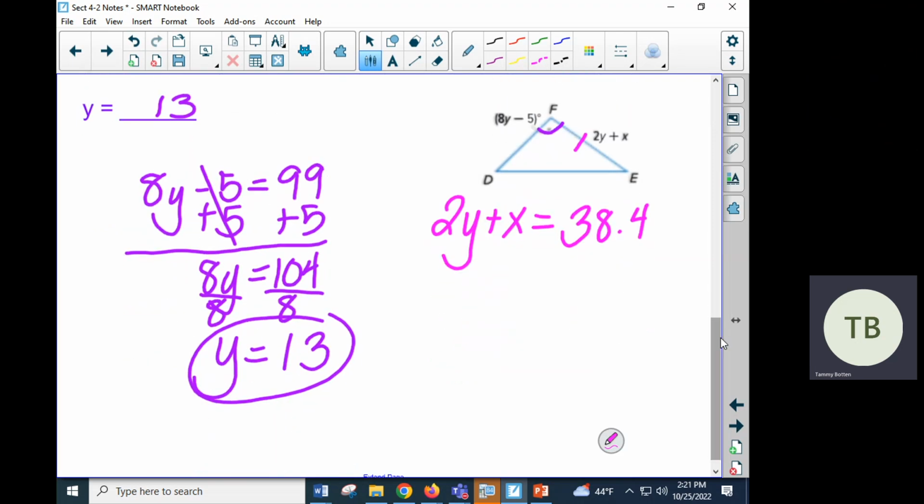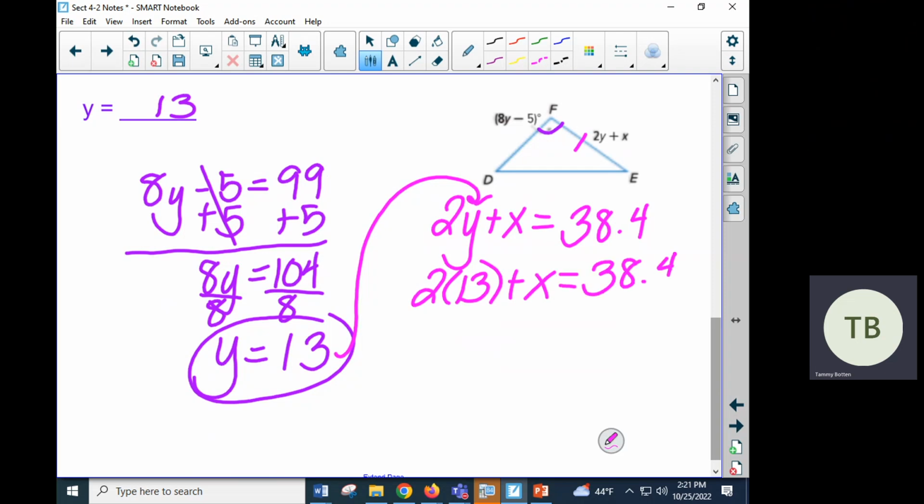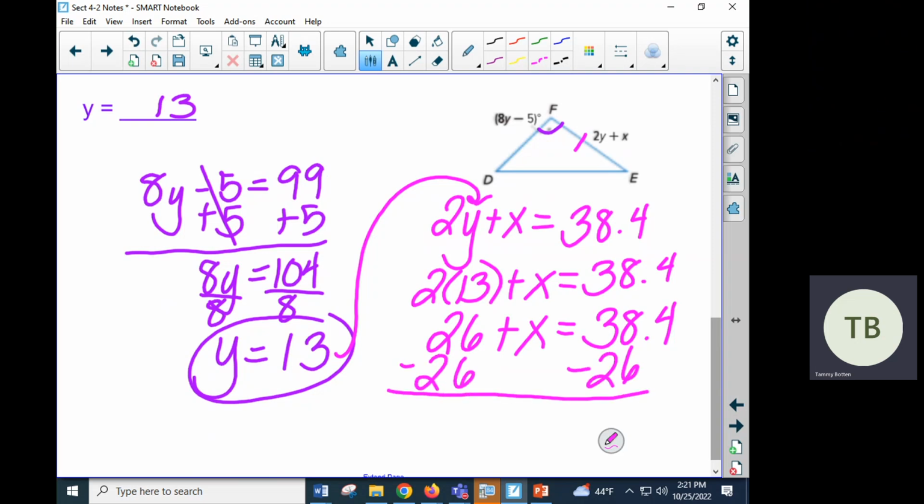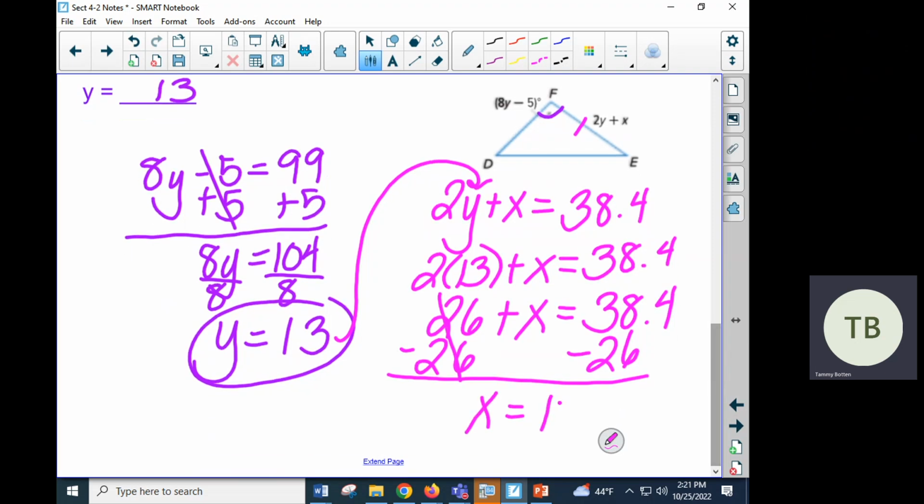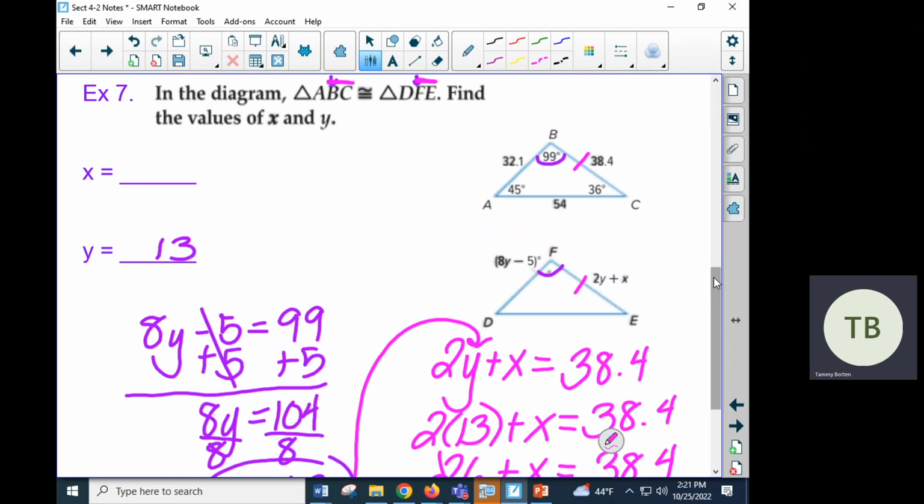And I just found that y is 13, so I can put that in here and then solve it. 2 times 13 is 26, plus x is 38.4. Then I'm going to subtract 26, and I get x equals 12.4. So that would go right here.